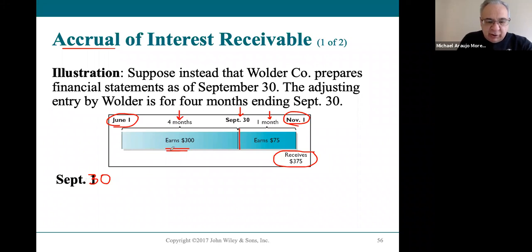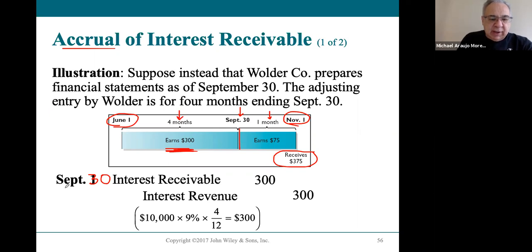So on the 30th, you're going to make an adjusting entry showing that you've earned, this is revenue, remember, you've earned it, but you're going to collect it later. So here we go. The entry on September the 30th would show an interest receivable of $300, but you want to make sure the interest revenue is on the books for this fiscal year.